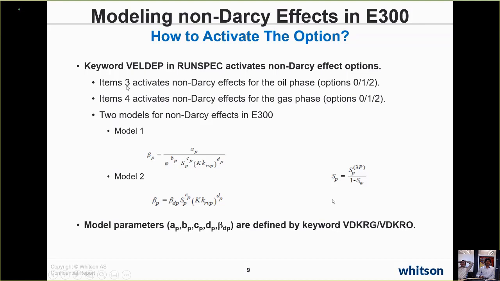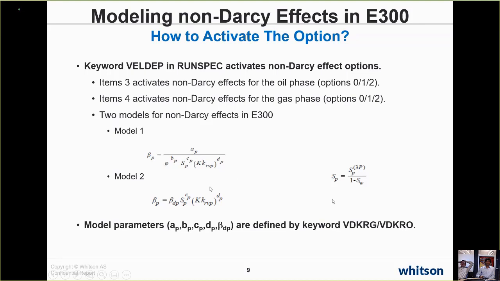For item number 3, we can give 0, 1, or 2. 0 means no non-Darcy flow effect. 1 means there is a non-Darcy flow effect, using model 1 for the beta parameter. If you use model number 2, it will use this equation for the beta.